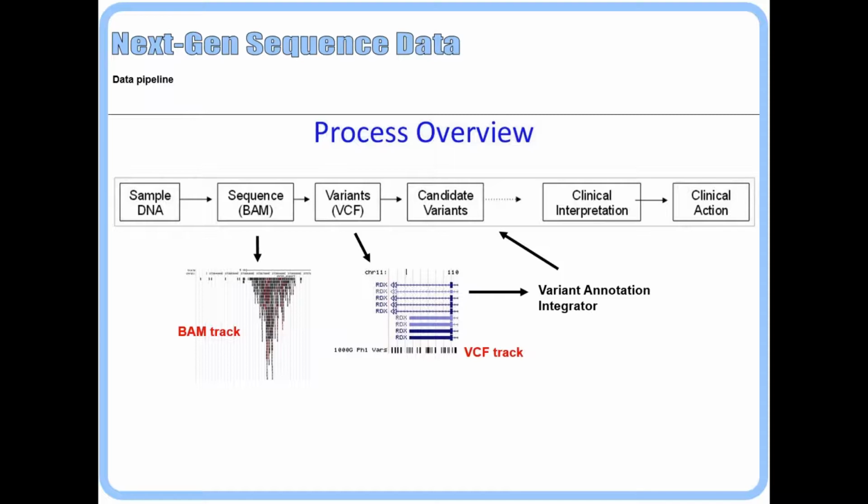That information can be downloaded in bulk or seen for small regions on the browser directly. The last two steps, the clinical interpretation and clinical action, that's up to you. We're data providers, we're data displayers, but we don't do the final step in the process.